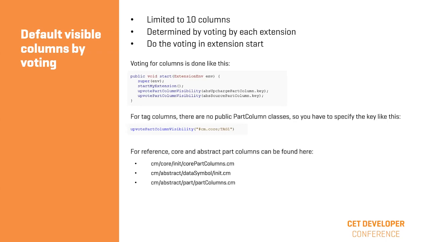I am not really sure if there is a limitation on how many columns each extension can vote for, for example. But as a rule of thumb, I assume that each extension should upvote the columns that they find most important. So it will be limited to 10 columns overall, to still keep it a reasonably small amount. Okay. Yep. So, which is not mandatory.